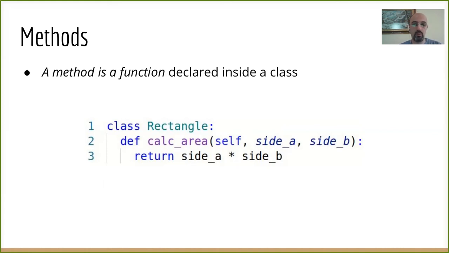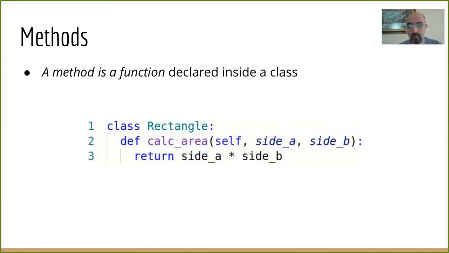Usually we use the name self, but you can use any other name, to identify the instance of the object.